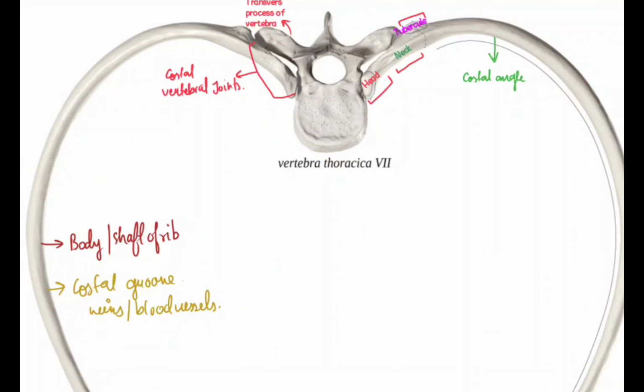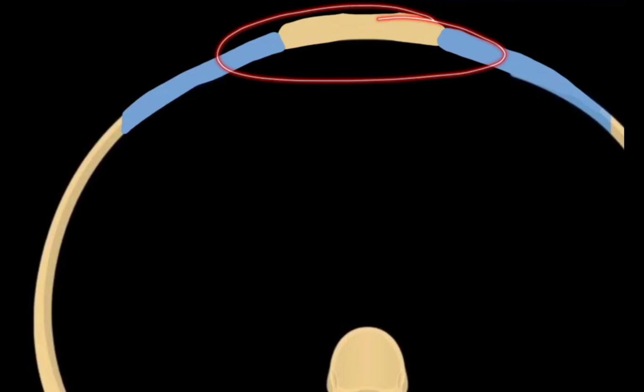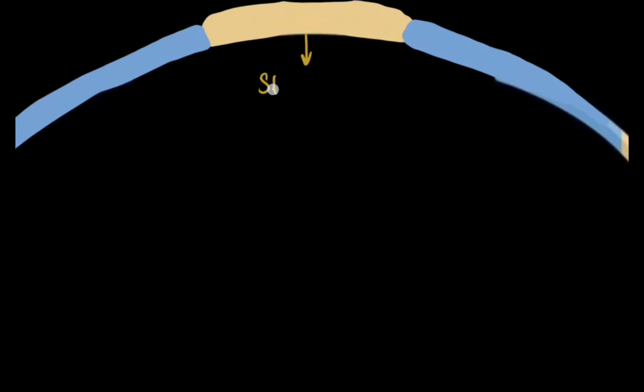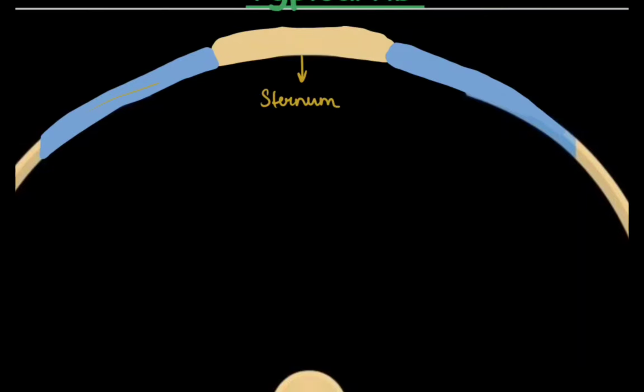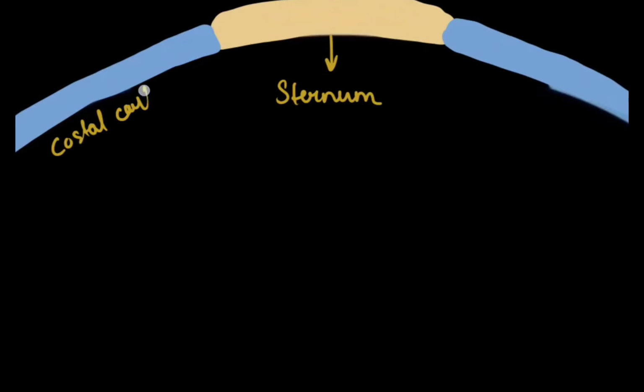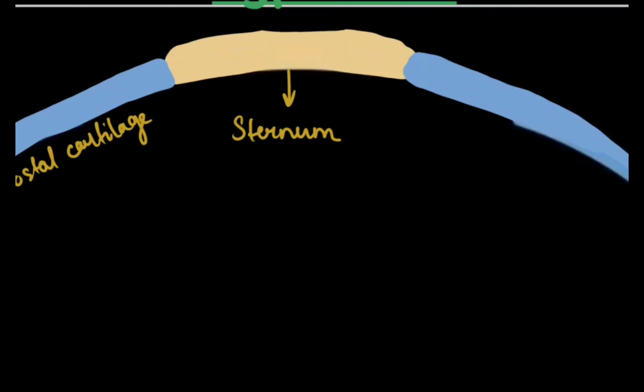Now let us see the joint of ribs with the sternum. This over here is the joint of the ribs with the sternum. Firstly, as we all know, we have the sternum, and then we have the cartilages. So we'll call it the costal cartilage. Now, the joint with the sternum and the costal cartilage, this joint over here, is called the sternocostal joint.